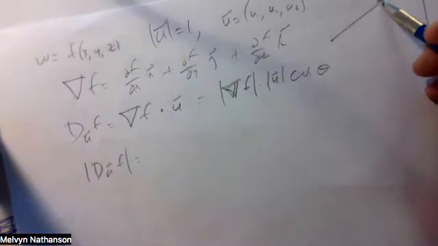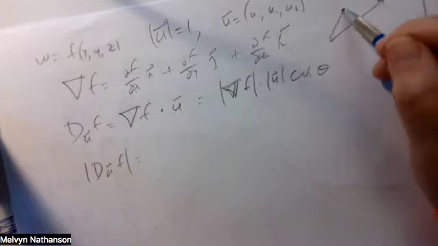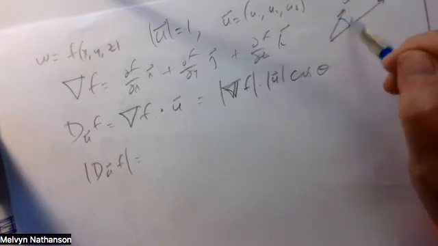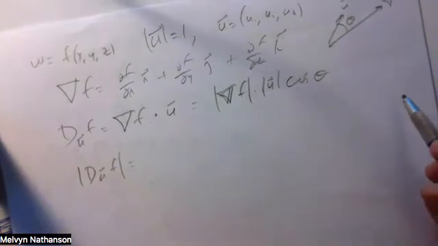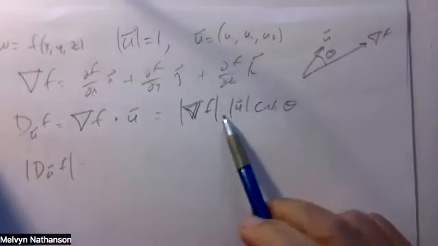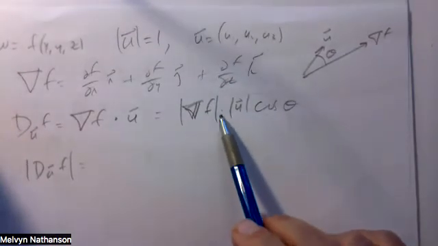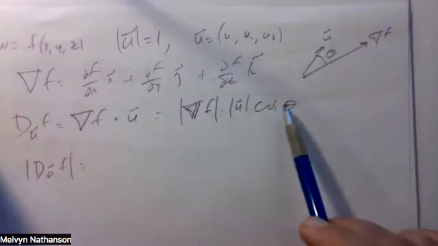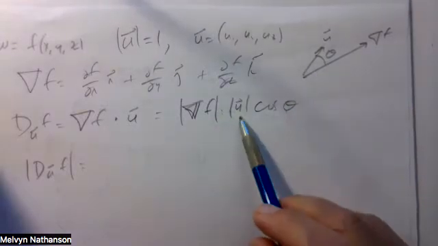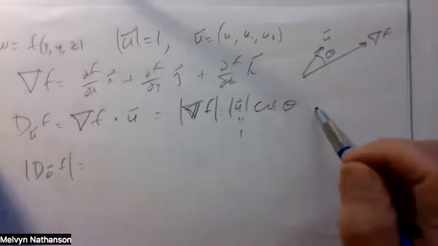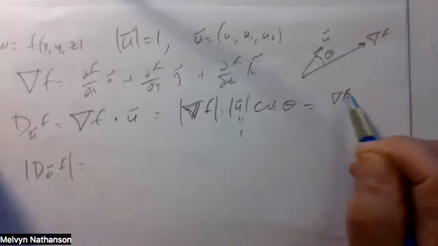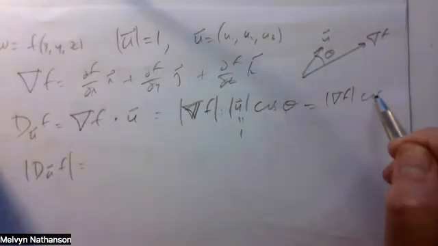That is, here's the gradient of f, here's u, and theta is the angle between them. This is the definition of the dot product of two vectors: the product of the lengths of the vectors times the cosine of the angle between them. But u is a unit vector, its length is equal to 1. So this is the absolute value of the gradient of f times the cosine of theta.